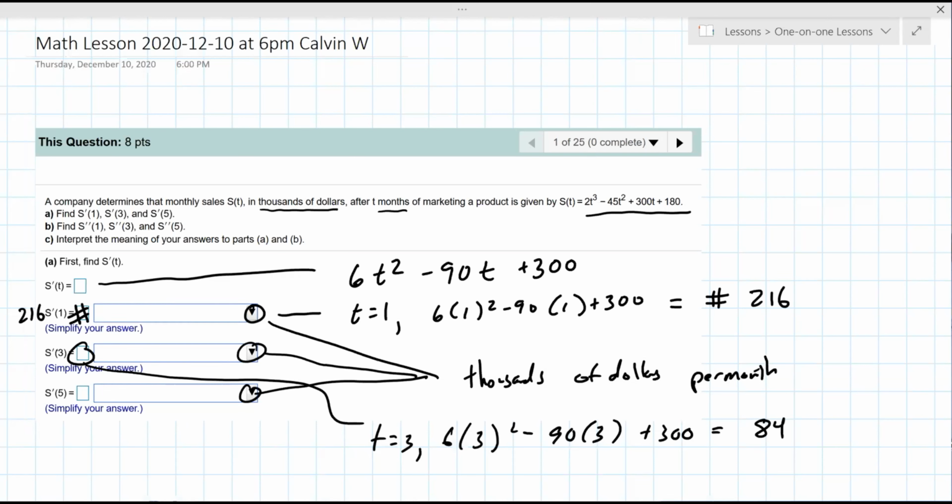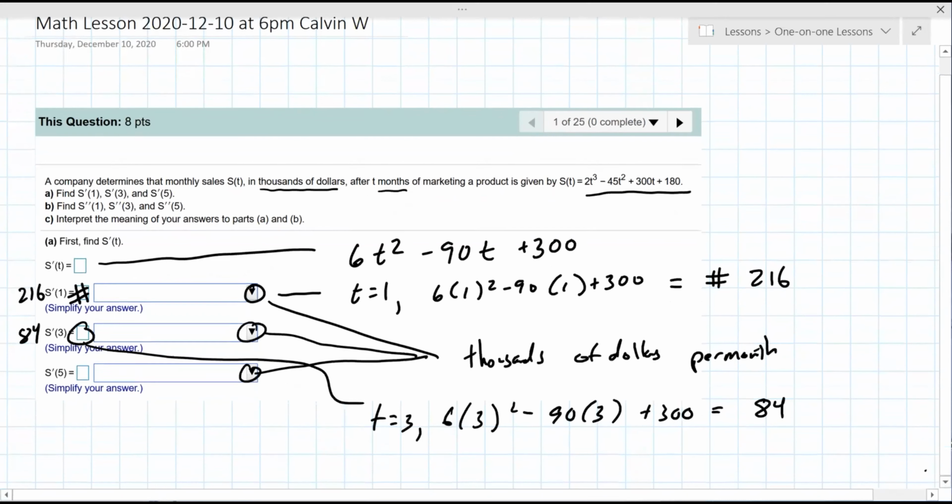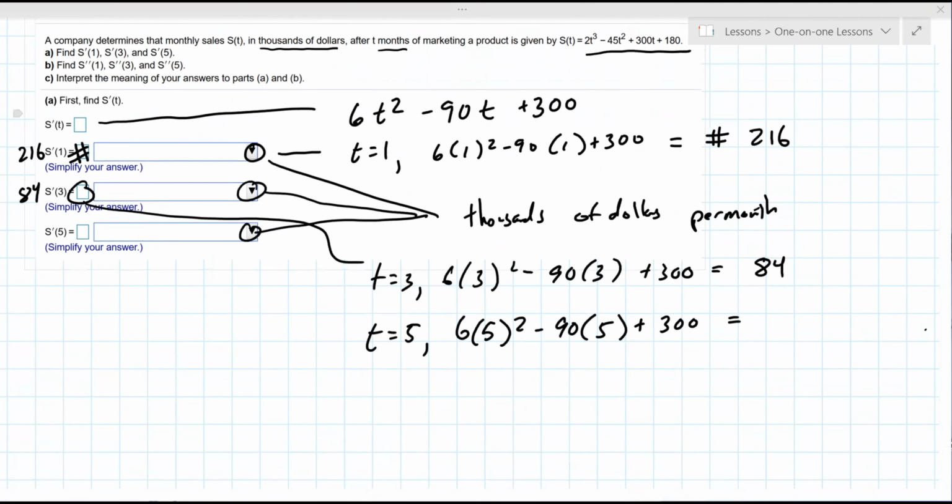So 84 goes there. And then for 5, we're letting t equals 5. So it's 6 times 5 squared minus 90 times 5 plus 300. This one's pretty easy, you're just plugging those in. So that gets to be 0, and that's 0, and so on.